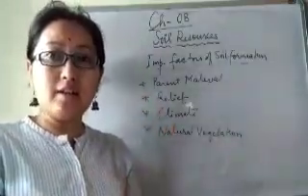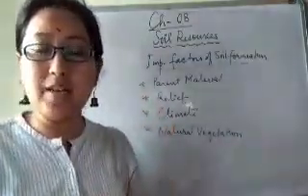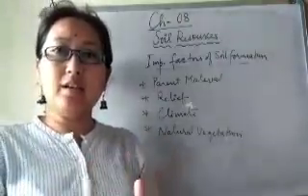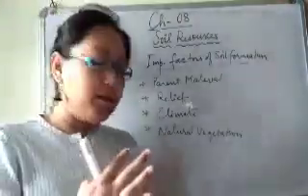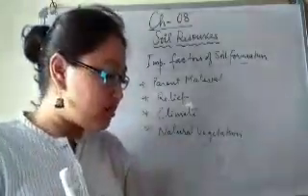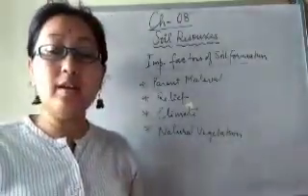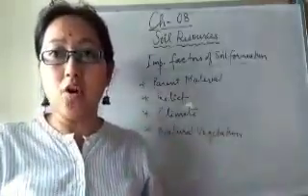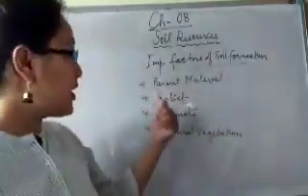Some soils are very closely related to the parent rocks, and some soils have little relation with their parent rocks. That depends on the formation of the rocks, right? Now next is relief.